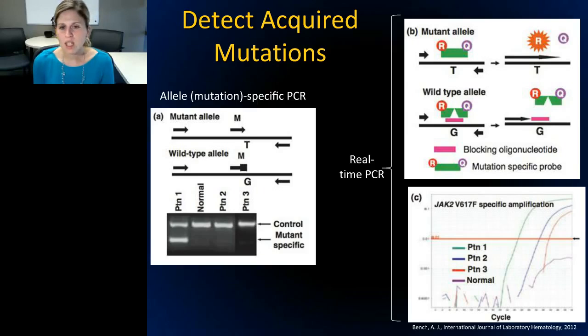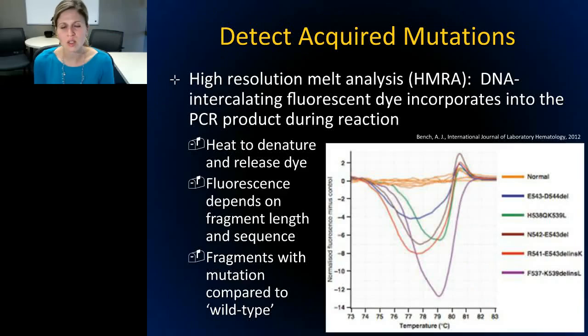So having a wild type allele bound with a mutant probe, or a mutant allele bound with a wild type probe, you have to know what you're using, can determine whether or not you're going to be seeing fluorescence. This is commonly used with the JAK2 mutation that's associated with many different myeloproliferative neoplasms. And it's also used with several others. BRAF is a common one in melanoma and solid tumors that can also be used. Again, the fluorescence has to cross a threshold, and you can actually quantify how many of those gene sequences you have.